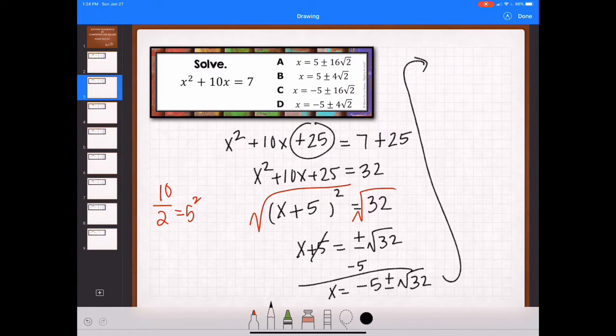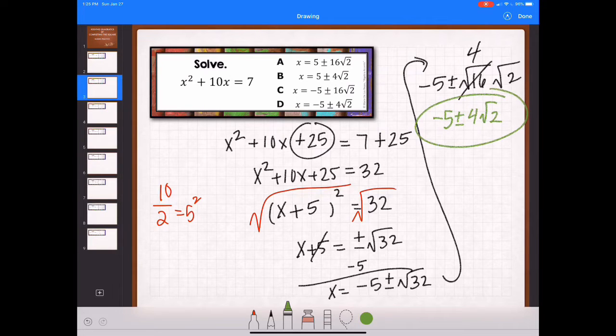So I have negative 5 plus or minus radical something times radical something needs to give me 32. I know that 16 times 2 gives me 32, and radical 16 is the same thing as 4. So my final answer is negative 5 plus or minus 4 radical 2. So the correct answer, let's see, negative 5 plus or minus 4 radical 2 is D.